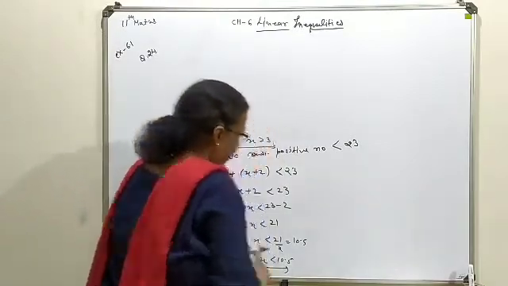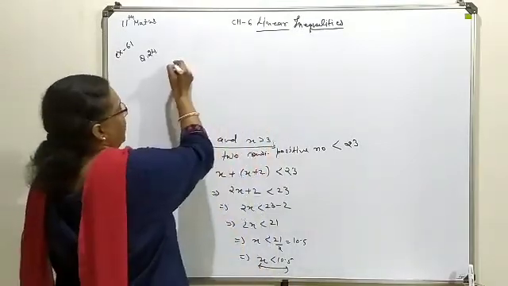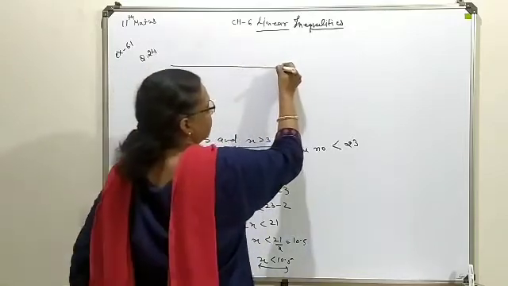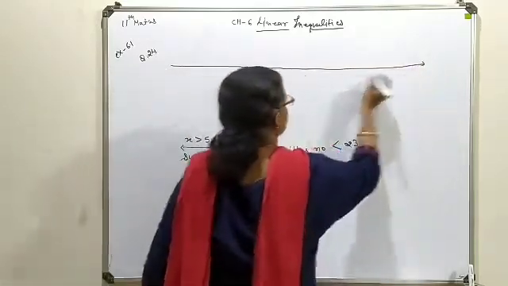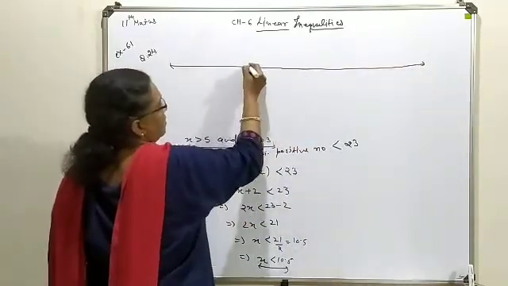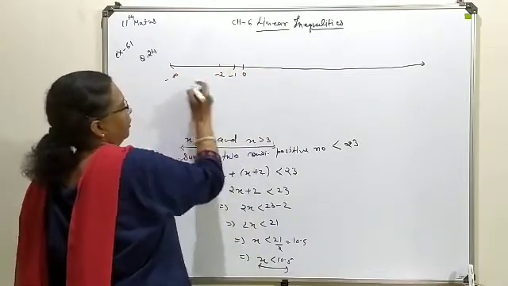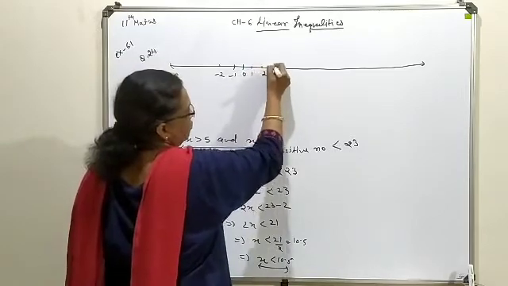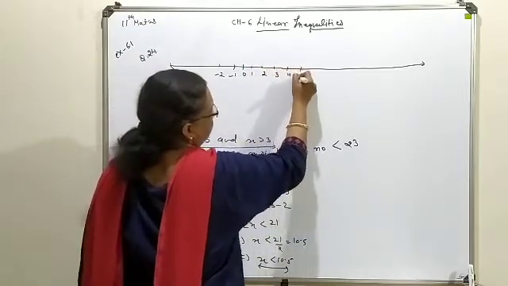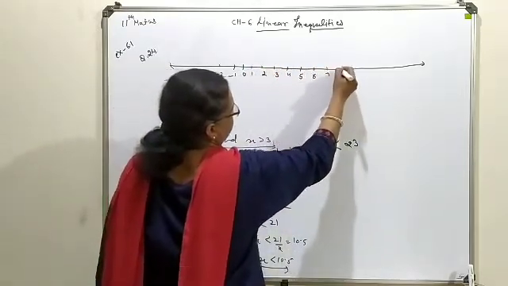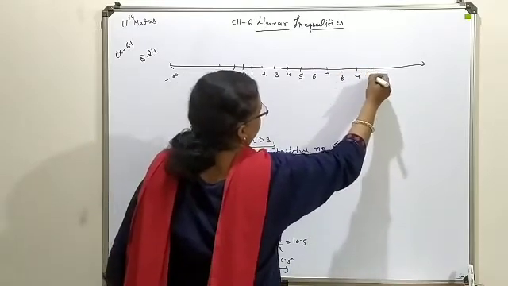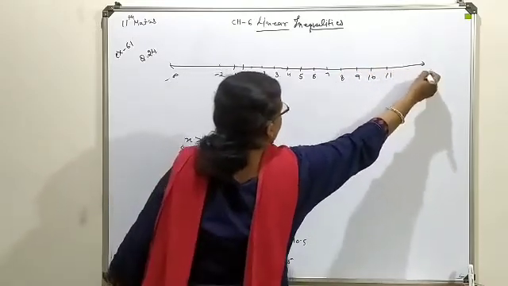This is the 0. Negative quantities we are not bothered about. So 1, 2, 3, 4, 5, 6, 7, 8, 9, 10, this is 11, and afterwards positive infinity.